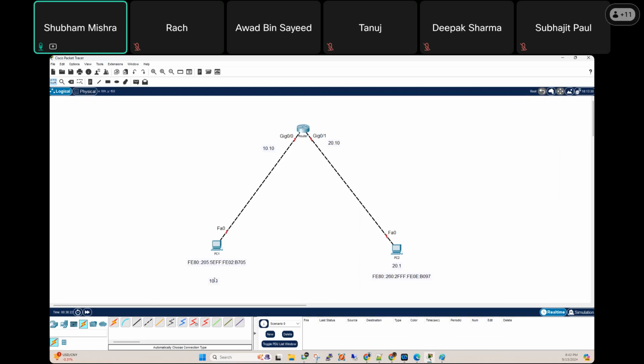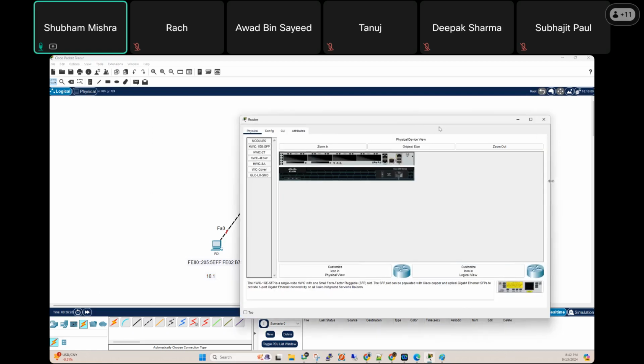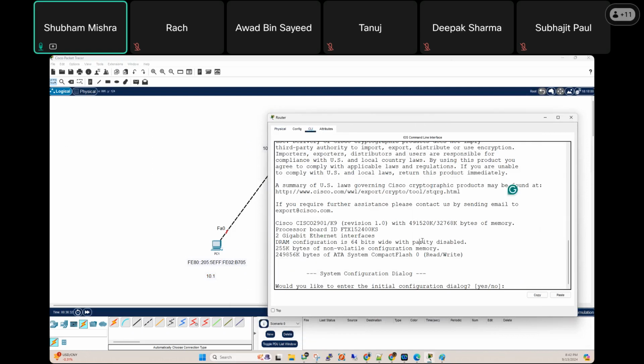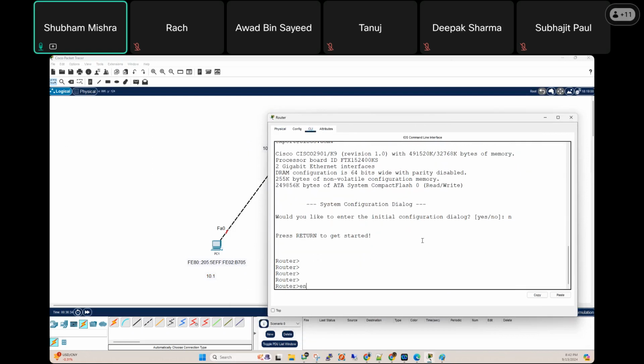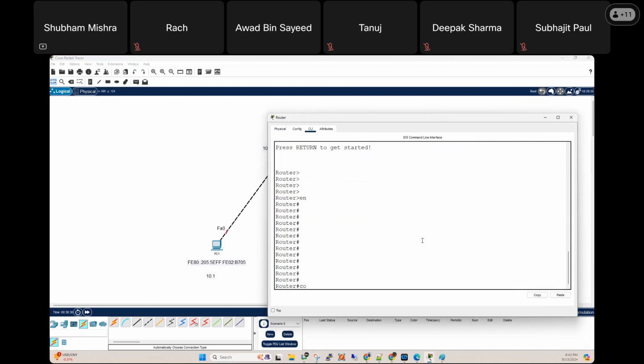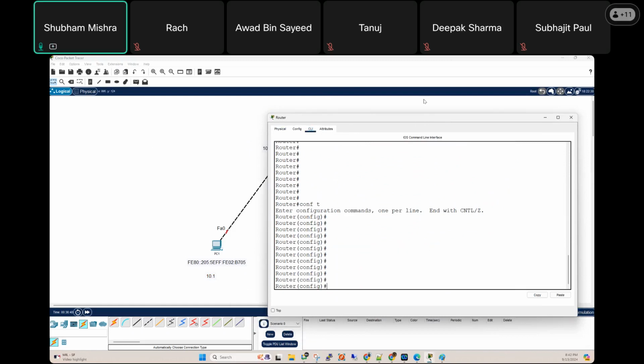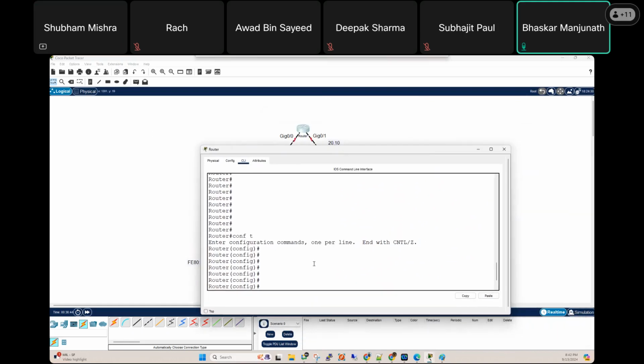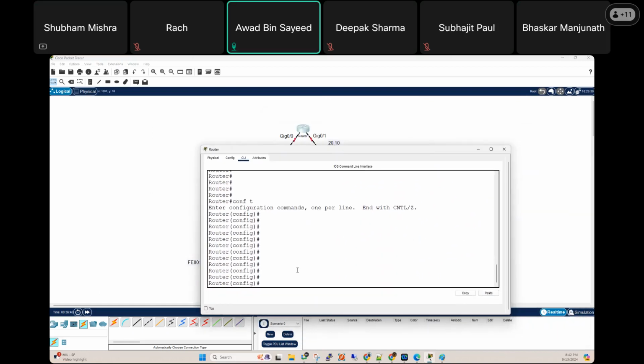Now, after this, we need to assign the IP address on the router. How can we assign the IP address on the router? I hope everyone now knows. Interface GigabitEthernet 0/0.